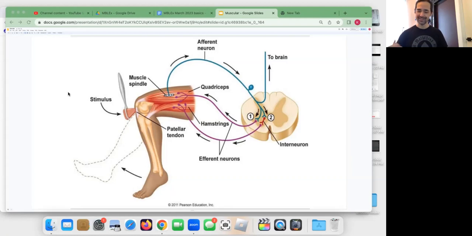As the stretch is sensed by the intrafusal muscle spindle fibers, they send a sensory nerve impulse, which tells the nervous system about the stretch, to the afferent area of the central nervous system.